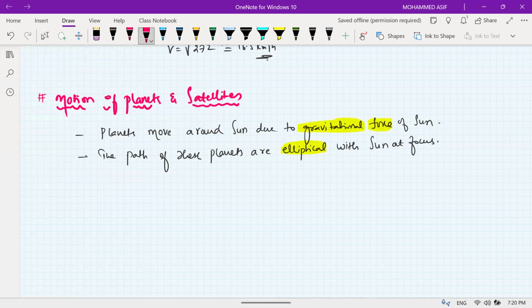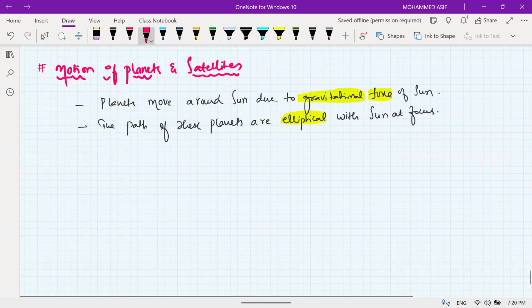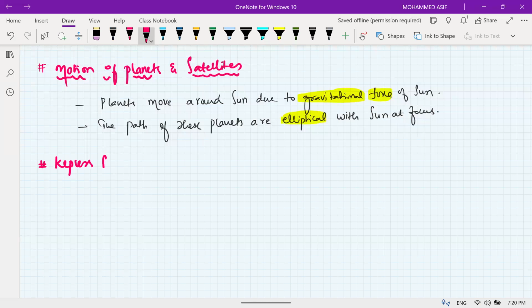Based on this, we have three laws which are called Kepler's laws of planetary motion. If I'm talking about the first law, Kepler's first law is also known as the law of orbits.